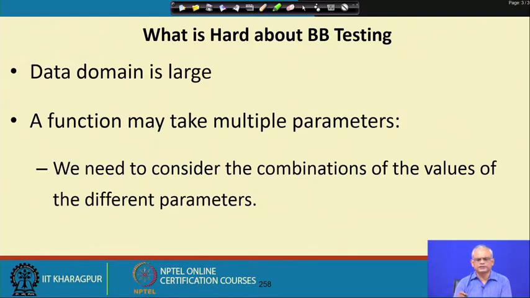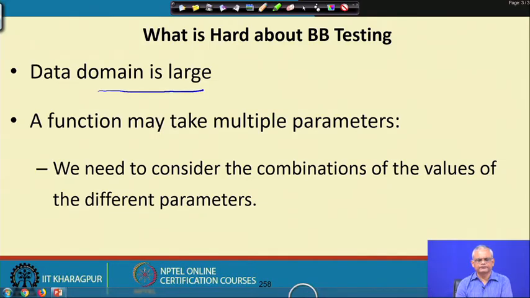The main complexity here is that the data domain for any typical software is large, and therefore we need to decide which test cases to apply, because we need an optimal number of test cases, and we have to select them out of the billions or trillions of test data that are possible.